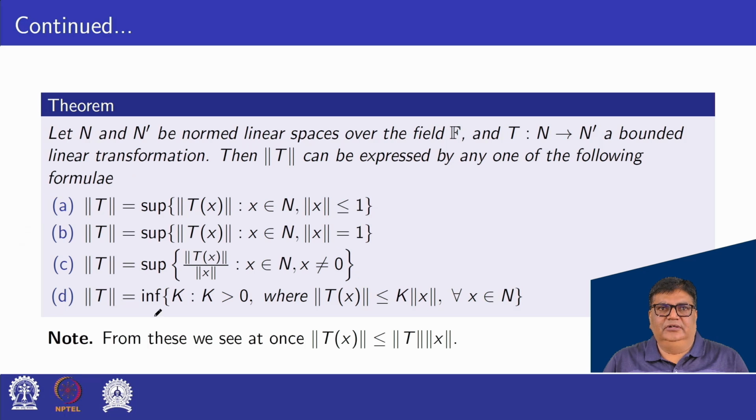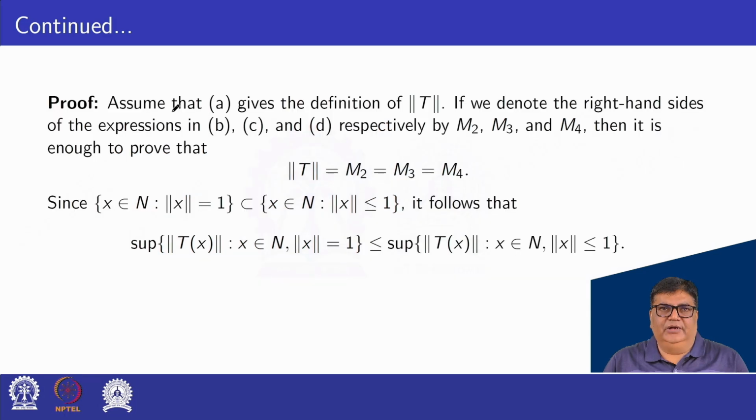This is just notation. We consider the first condition as the definition of norm T and the other three we can prove equal. Let us prove this.